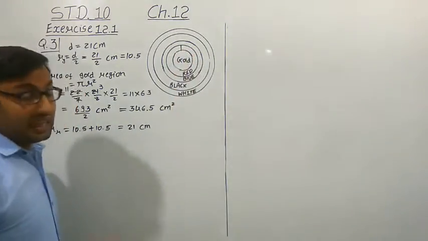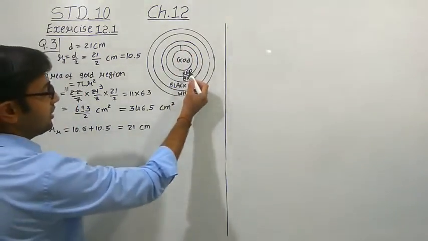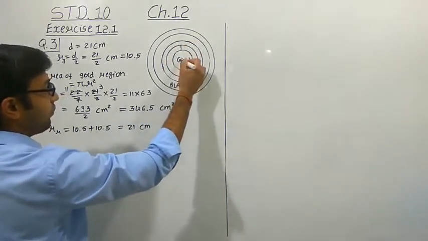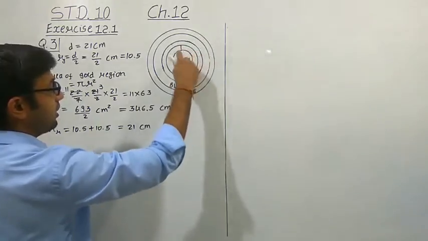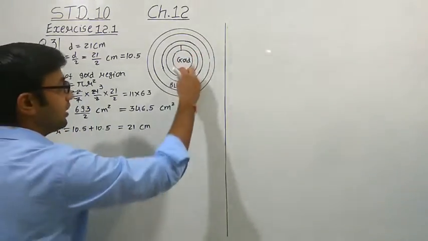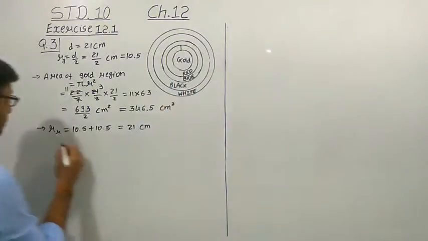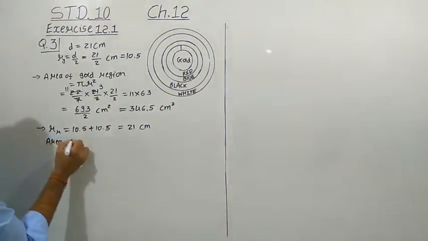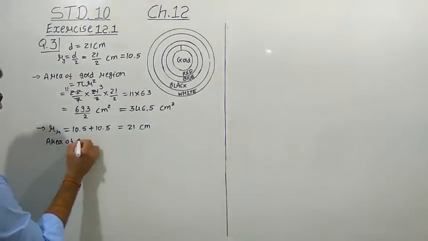Now see, the area of the red region is this much only. So first we have to find the area of the total circle, then we have to subtract the area of the gold region. Then only we get the area of the red region. So here let us find the area of the red region.